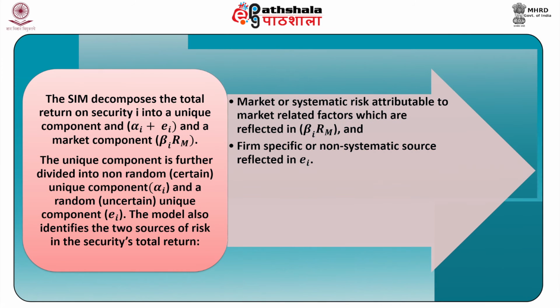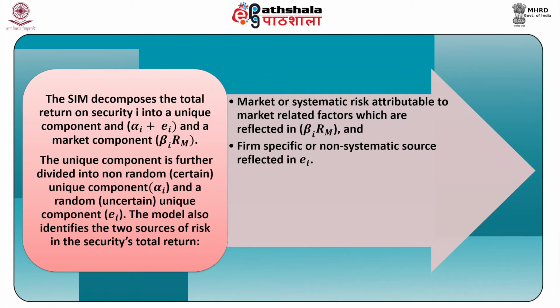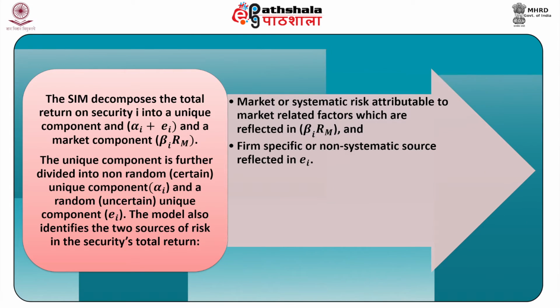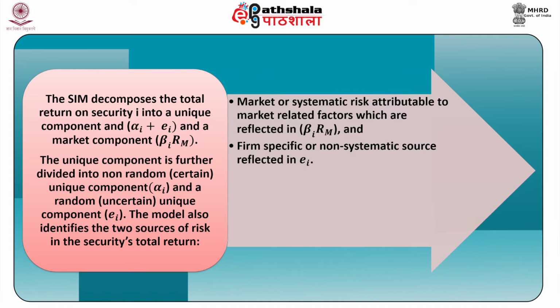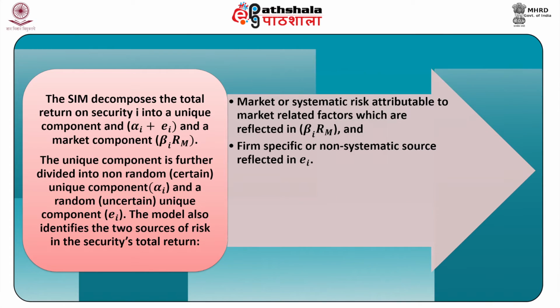The SIM decomposes the total return on security i into a unique component, alpha i plus epsilon i, and a market component, beta i × Rm. The unique component is further divided into a non-random, certain unique component alpha i and a random, uncertain unique component Ei.